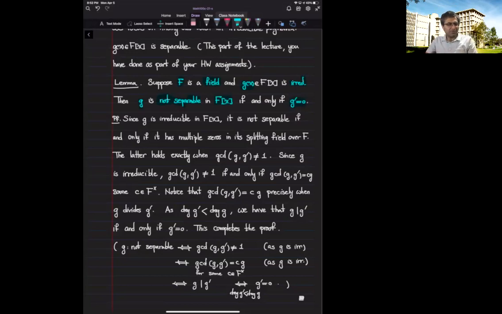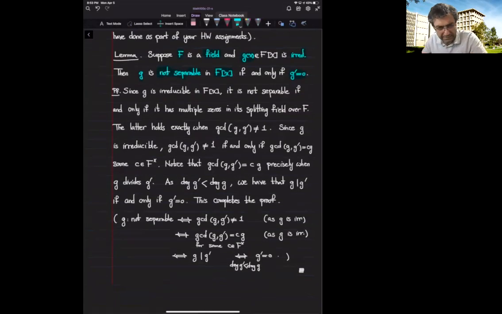So it seems that if g prime is 0, then g should be constant, it cannot be irreducible, and whatever I said is correct as long as the characteristic of F is 0. But in general, the derivative of a polynomial might be 0 without g being constant. For instance, if the characteristic is p, then x to the power p minus 1 has derivative equal to 0. But the polynomial, of course, is not constant.